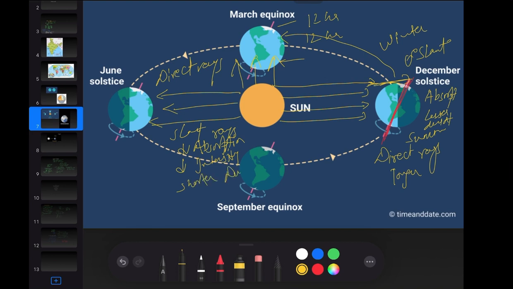So in this condition, the southern hemisphere experiences winter, while the northern hemisphere experiences summer. This is known as summer solstice.